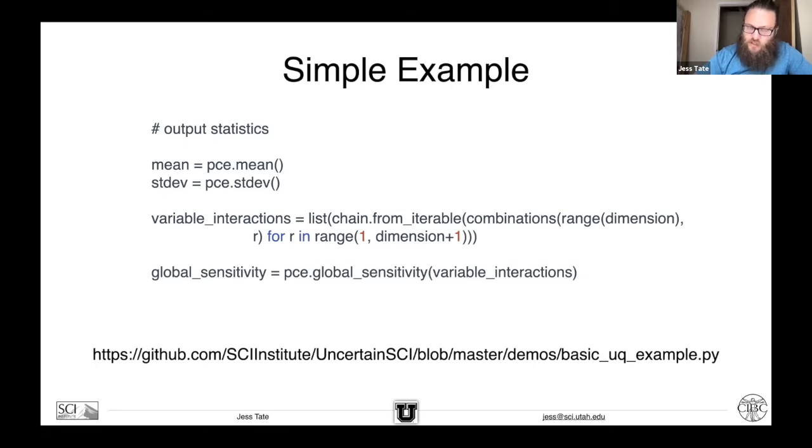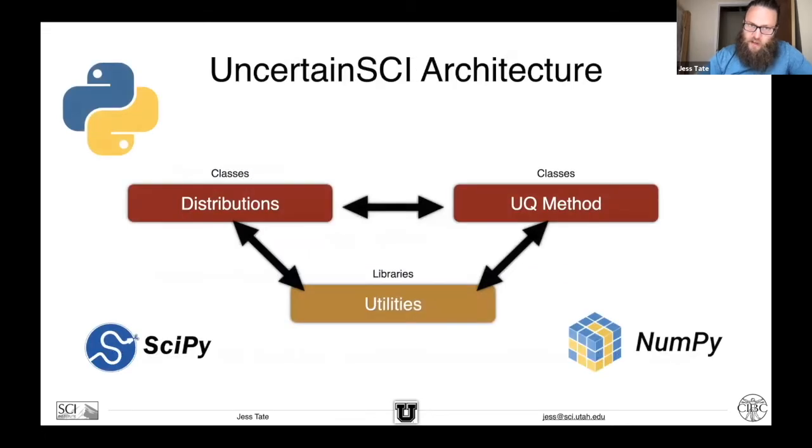So that's just a simple example of how, and a little bit of how, the API is set up. We have basically just a little bit of information about the architecture, and we'll go back to some more examples and how to interface it with some other software. We have these 3 bits of code.